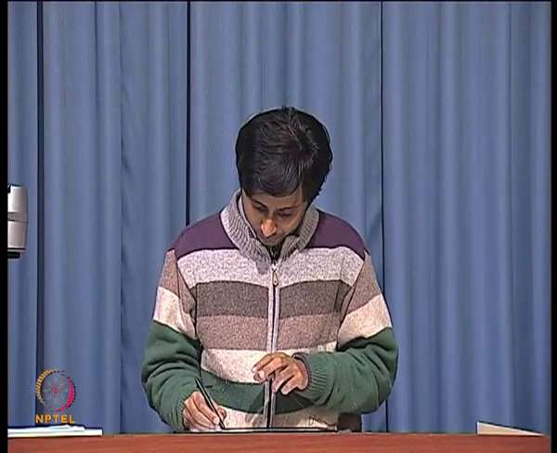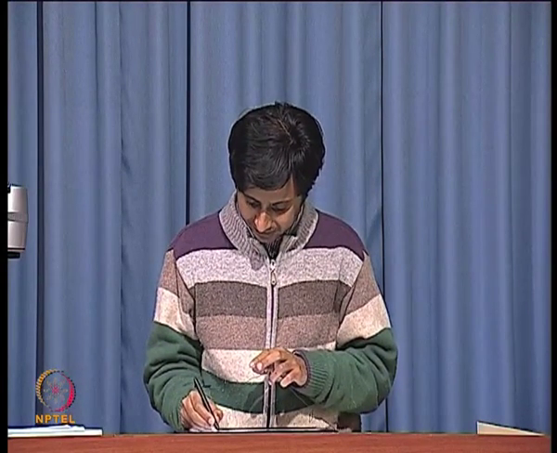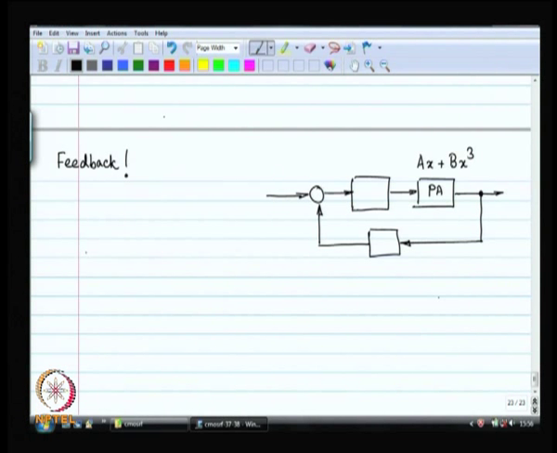So, let us say this one is not linear, it is ax plus bx cubed. All right, x is the input, y is the output. It has some characteristics that look like this. Now, I want a total gain of a. So, I sense the output, I divide the output by a factor of a and I compare it with the input.